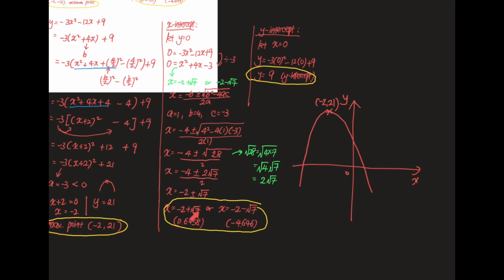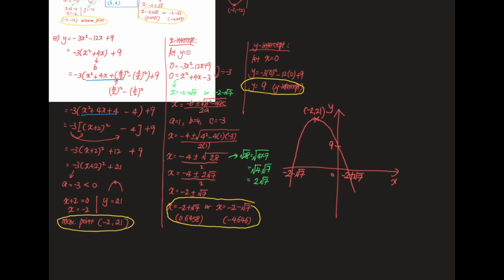We label this positive one, minus 2 plus root 7. Then the other one, minus 2 minus root 7. Then the last step, the y-intercept, which is 9. We label it on the y-axis, here, 9.